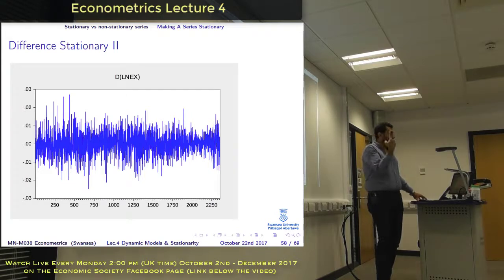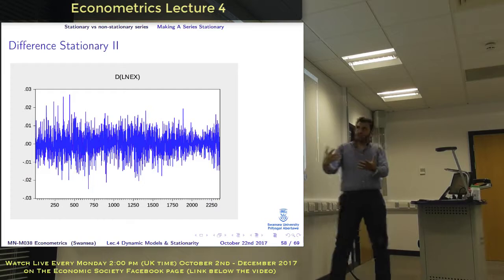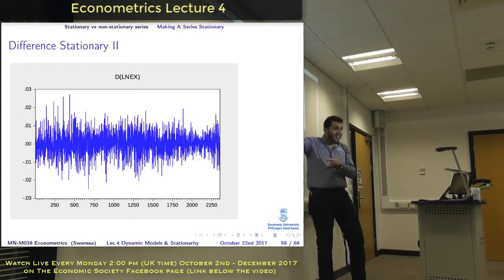Only once. So it's I1. So that's the idea. The idea is how many times you had to difference the data to become stationary. In this case, it was I1 because it wasn't stationary in level.